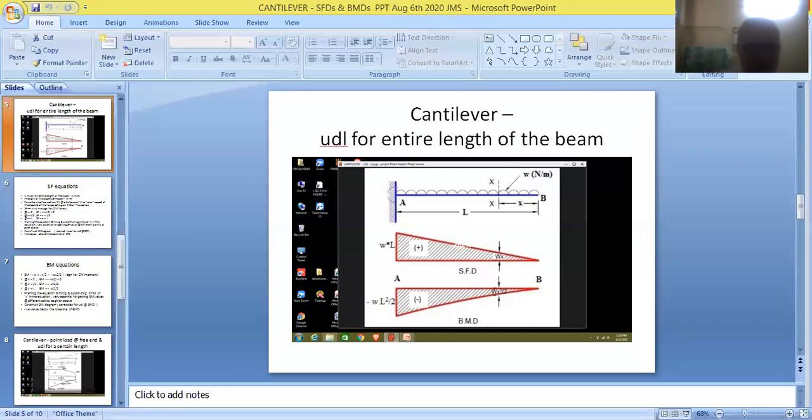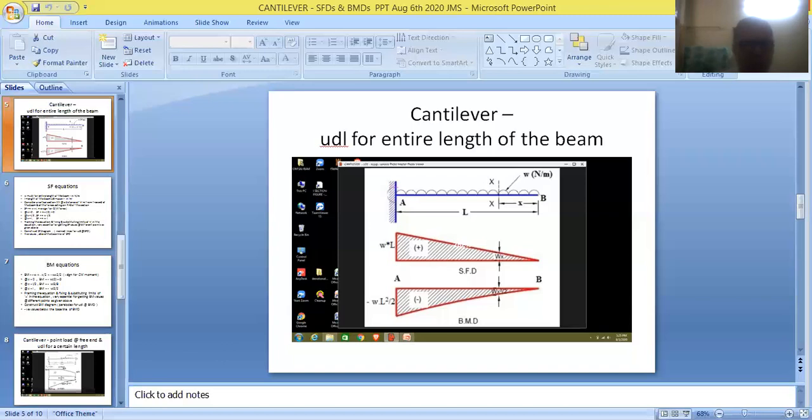It is acting for a distance of x meter, so it has to be converted into a point load, written as wx.